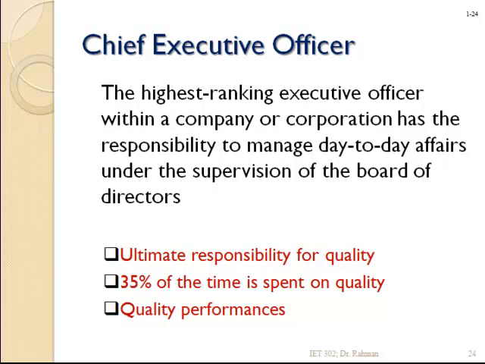Now, this is the responsibility of the highest ranking officer to establish the quality control functions in his organization, and this is a day-to-day affair that he should engage in, supervising different activities, and he could establish some board of directors or managers who should take care of these quality functions of a project or a manufacturing process.